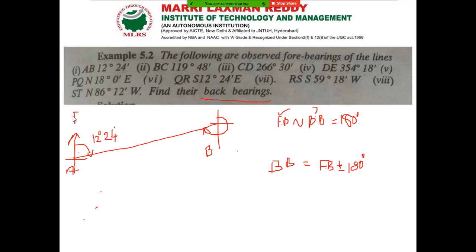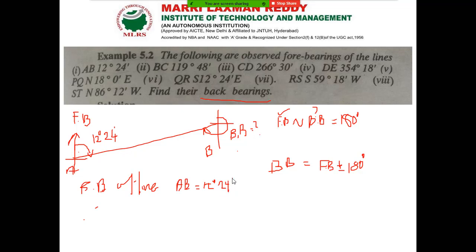This is my fore bearing of the line, they have given us 12 degree 24 minutes. Now I am in need of the back bearing, equal to how much? Okay, now I can go with this formula. So back bearing of line AB is equal to the same fore bearing. So now they have given the fore bearing value as 12 degree 24 minutes.